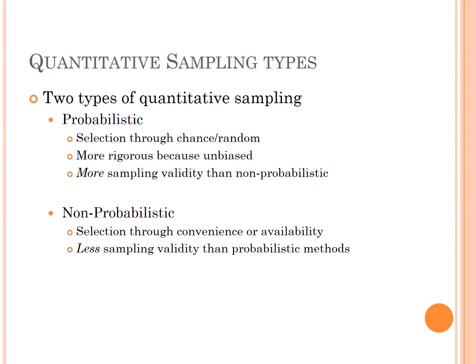Because this can lead to a biased sample, it has less sampling validity than probabilistic methods. Although probabilistic sampling is the preferred form of quantitative sampling, most studies, at least that I have seen, tend to use non-probabilistic methods in counseling and psychology.